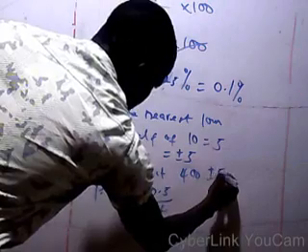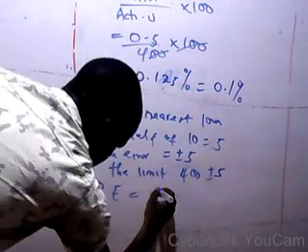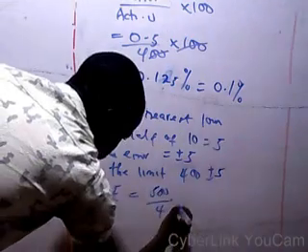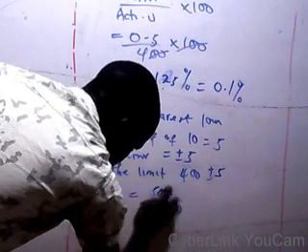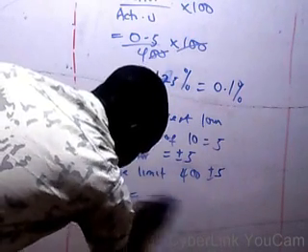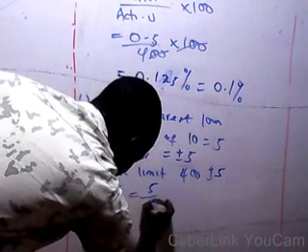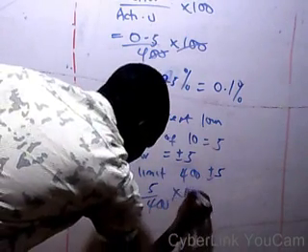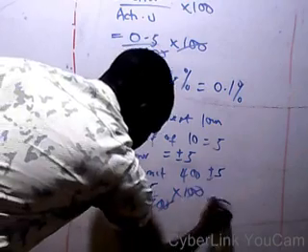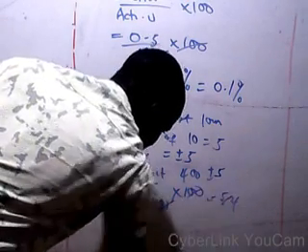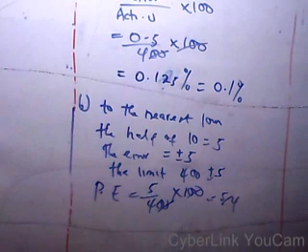divided by 400 multiplied by 100. So we have 5 over 400 multiplied by 100. When you divide this, we have 5 over 4, and that should give us 1.25, right?